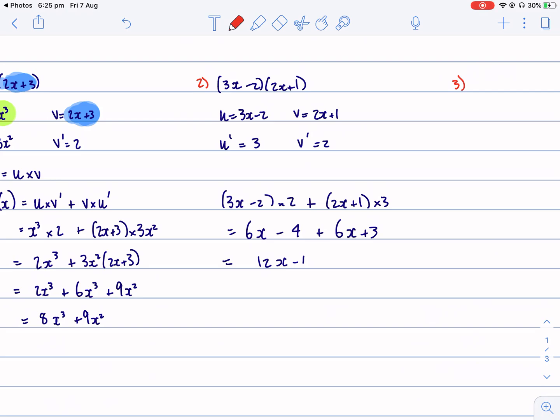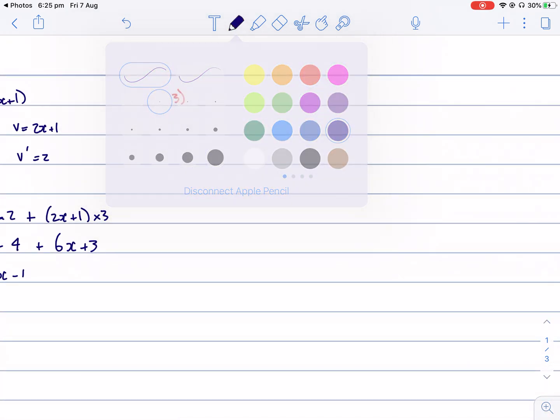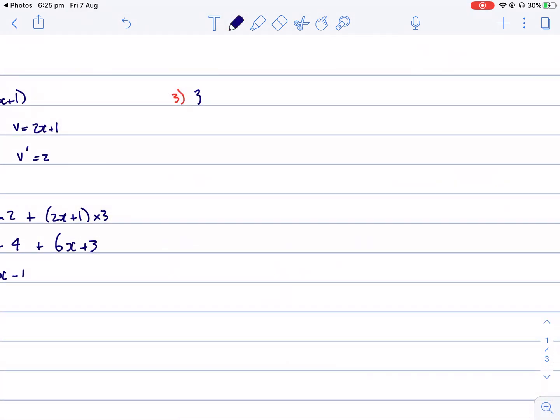Question 3. We've got 3x times 5x plus 7. So u is going to be 3x, u dash is 3, v is 5x plus 7, v dash is 5. Which means I've got 3x times 5 plus 5x plus 7 times 3.